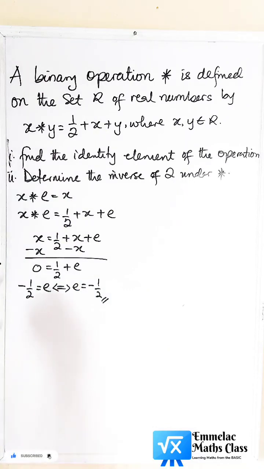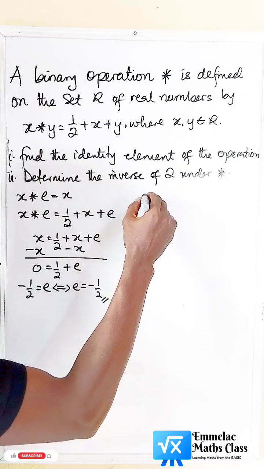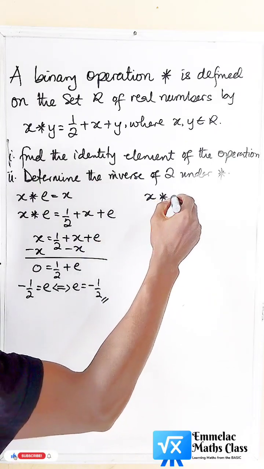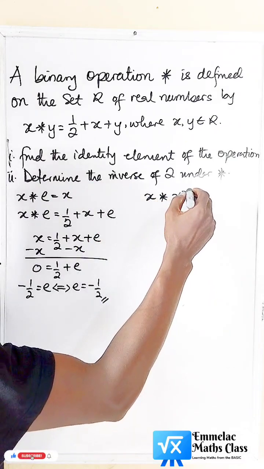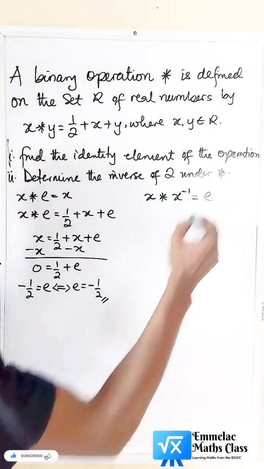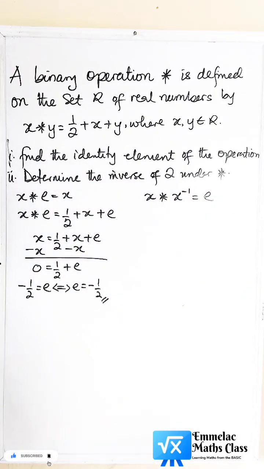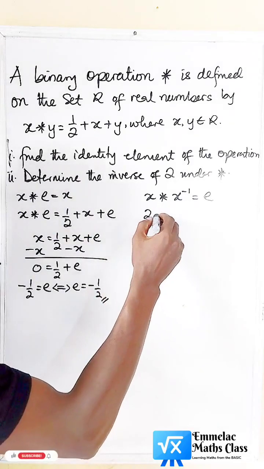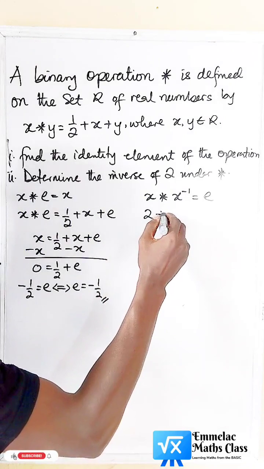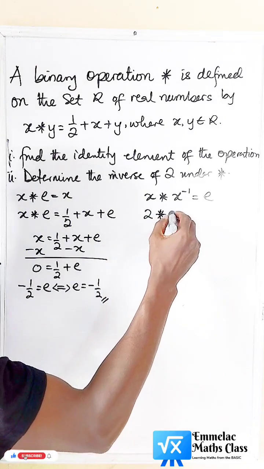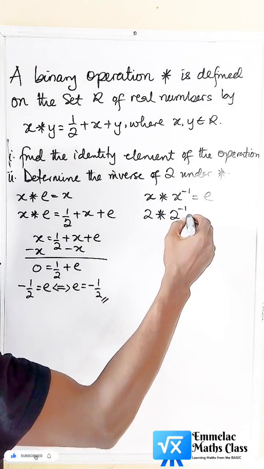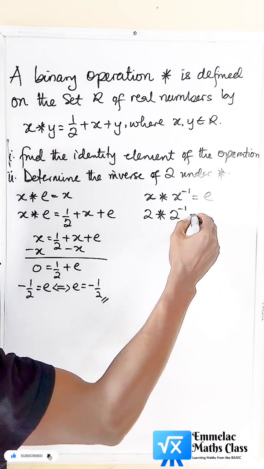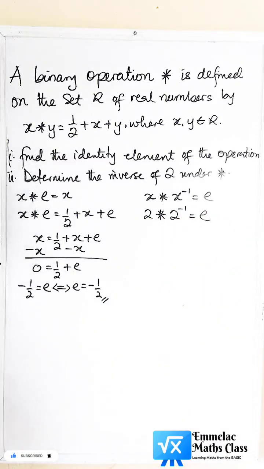Now we are told to determine the inverse of 2 under the operation. Let us take note that when we have x operation the inverse of x, this will give us the identity element. So at this point, 2 operation the inverse of 2 equals the identity element, right?